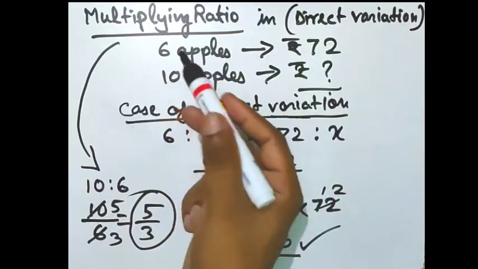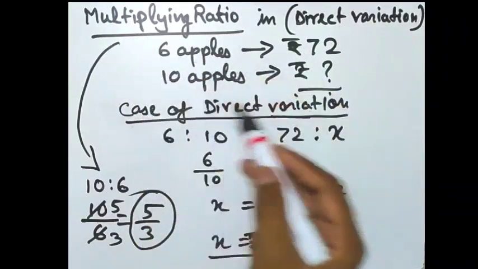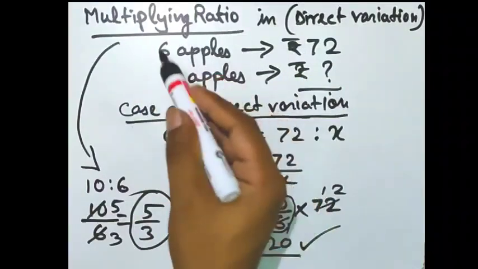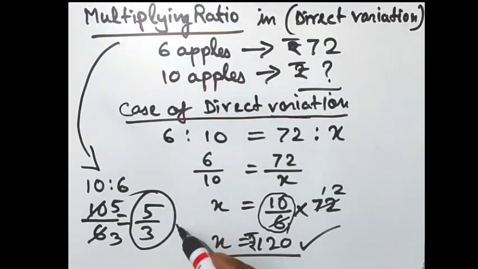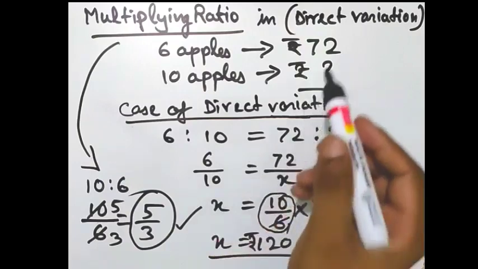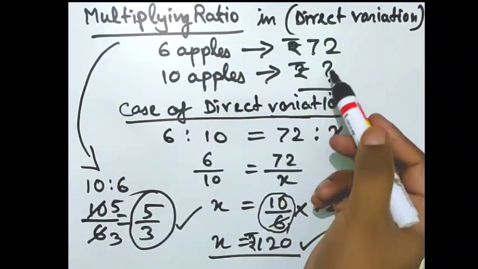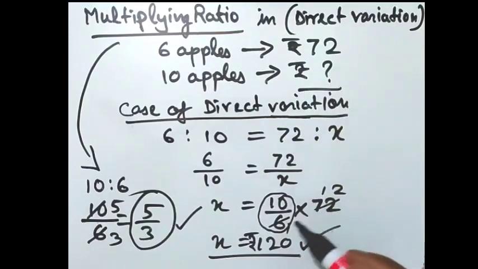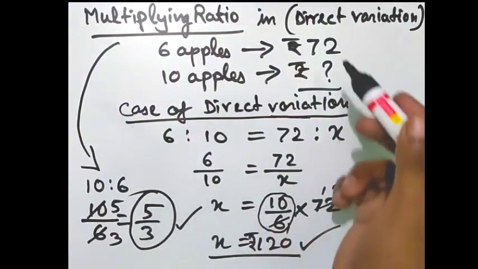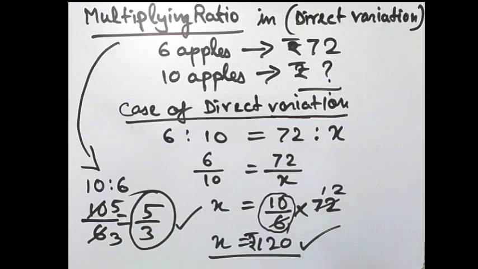So the multiplying ratio in this direct variation will be 10 by 6, that is 5 by 3. Clear? And we'll simply multiply it with the one value of the other quantity that is given. So we will be able to find the answer with that. So 5 by 3 times 72 will give you 120. Let's try it out.